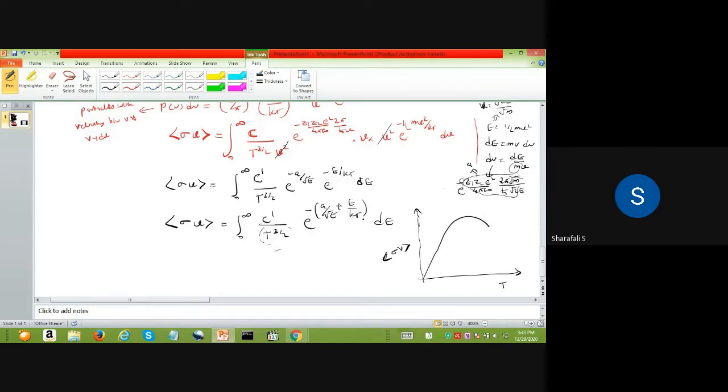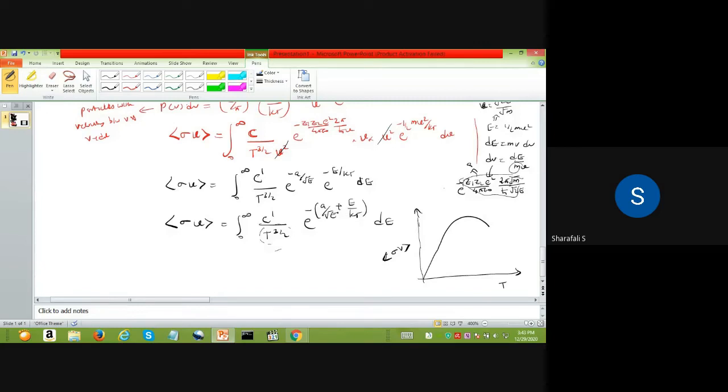So when T is larger, this quantity is smaller. So minus of that quantity, this total quantity will become larger. e raised to minus some small value will come here. So both these terms will compete with each other.